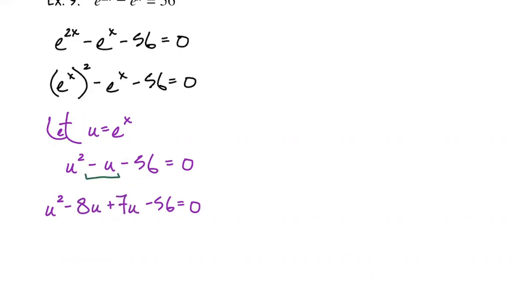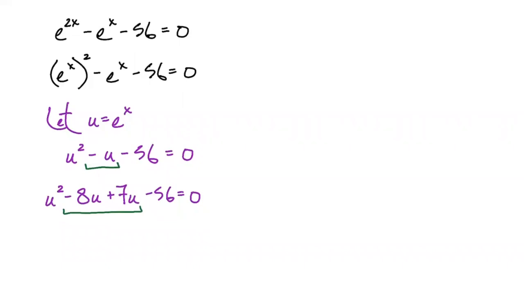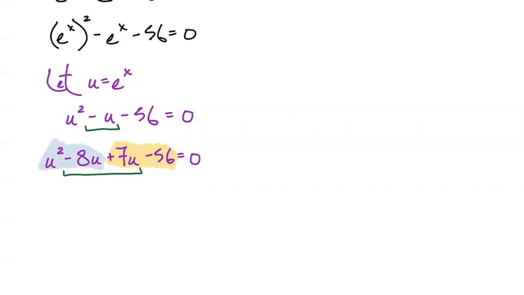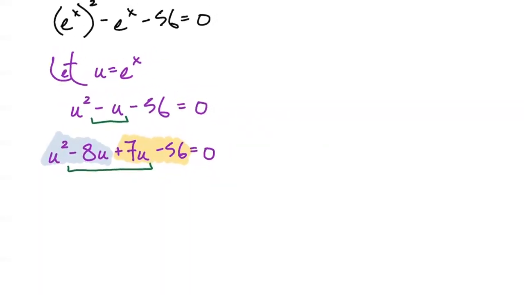So we've taken this middle term, our linear term, and we've cleverly rewritten it over here. Let's take a look at the greatest common factor for the first two terms and the greatest common factor for the last two terms. What can I factor out of the one that's colored in the blue gray, the u squared minus 8u?